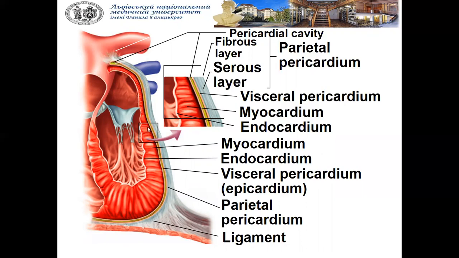On the pericardium, we have the epicardium. After this, the myocardium, which is muscle. The heart has four chambers: two atria and two ventricles.